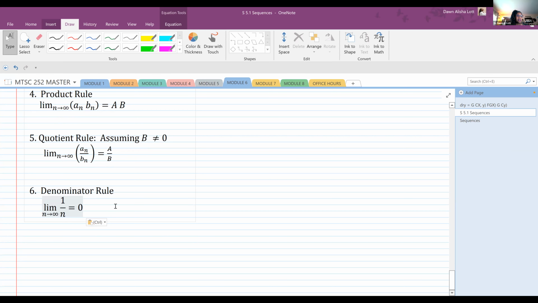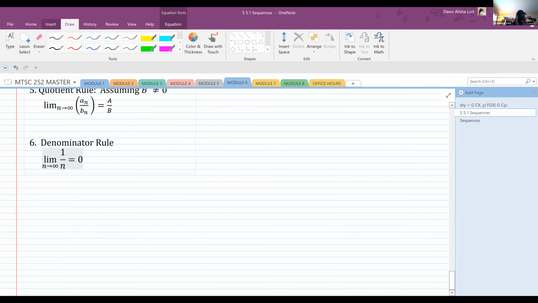And what I call the denominator rule, this is not the official name for it, but I like this rule. Basically, if n is in the denominator and the power of the denominator is higher than the power of the numerator, this is always going to go to 0. Okay, so let's do some examples.